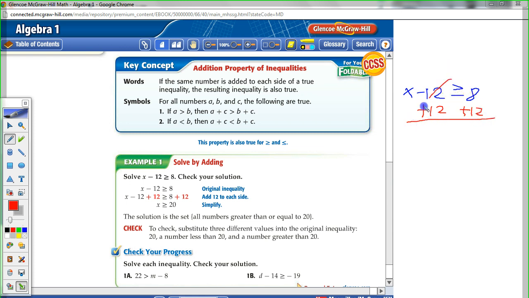Now that's canceled out, you have x. And where there would normally be an equal sign, you bring down the exact same sign, greater or equal to, and 8 plus 12 is 20. So now your answer, instead of x being 20, is x is greater or equal to 20. And that's what we have here. Let's move on to the next page.